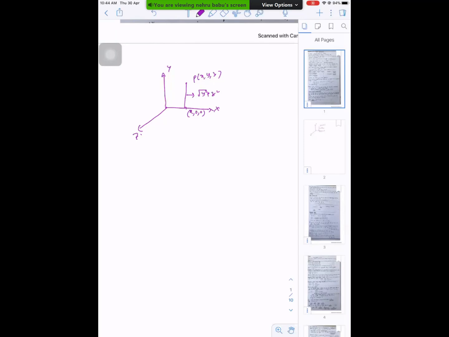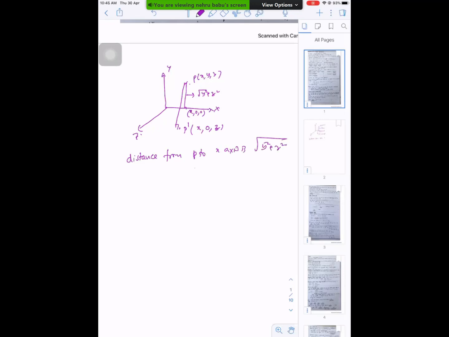But if you take the foot of the perpendicular on the xz plane, it's 3D, so the diagram is not proper. The foot of the perpendicular of XYZ on the xz plane, for example P dash, has coordinates (x, 0, z). The distance from P to the x-axis is root y square plus z square.